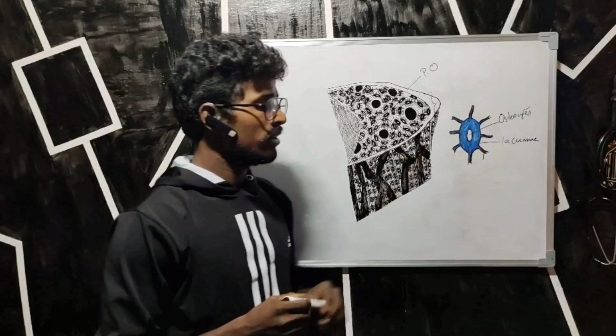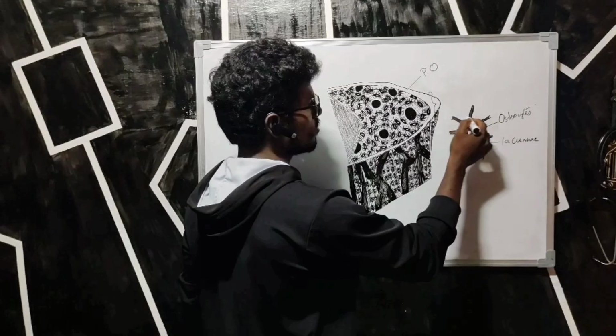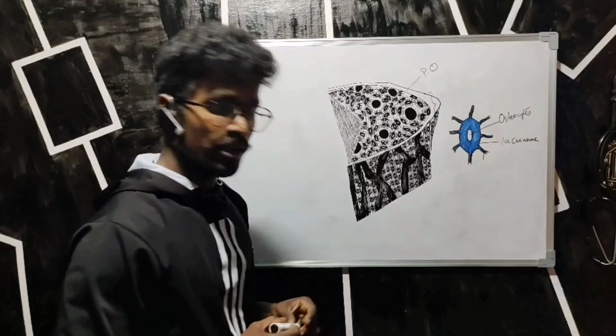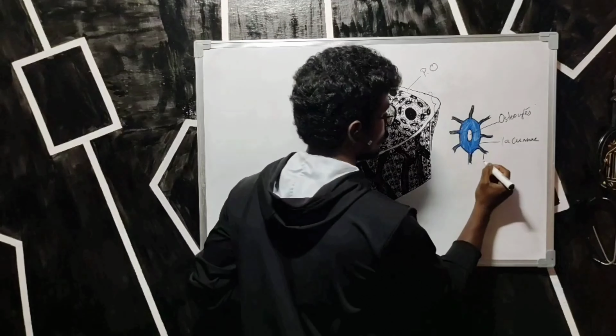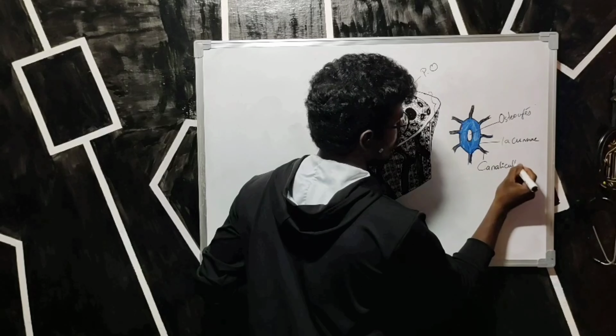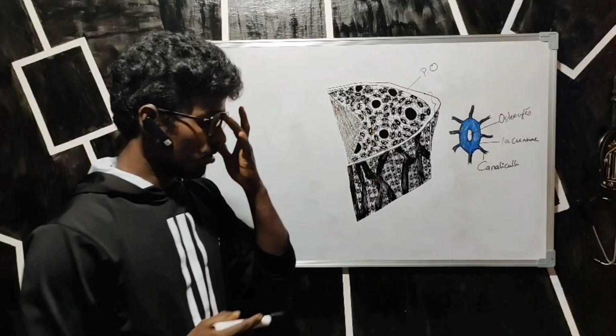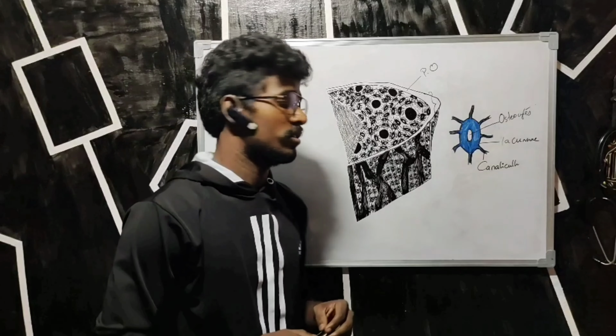Again, this lacuna has microscopic canals. See, these are the microscopic canals, which are called canaliculi. So that is about the osteon system or Haversian system.